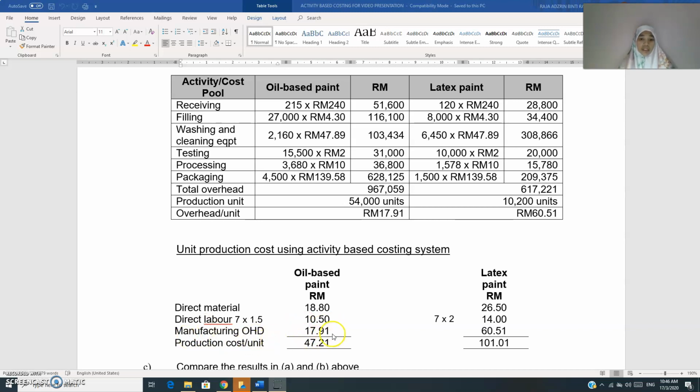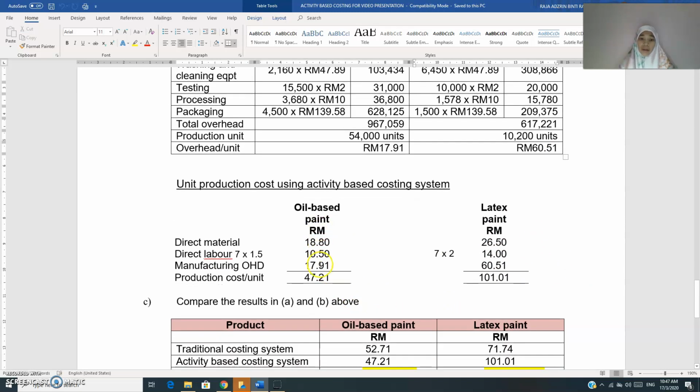So in this case, your overhead is 17.91. Where do I get this figure? This figure here. And the manufacturing overhead is 60.51 for your latex paint from here. Add all these figures, giving you a unit production cost of 47 ringgit and 21 cent for oil base and 101.01 for latex.